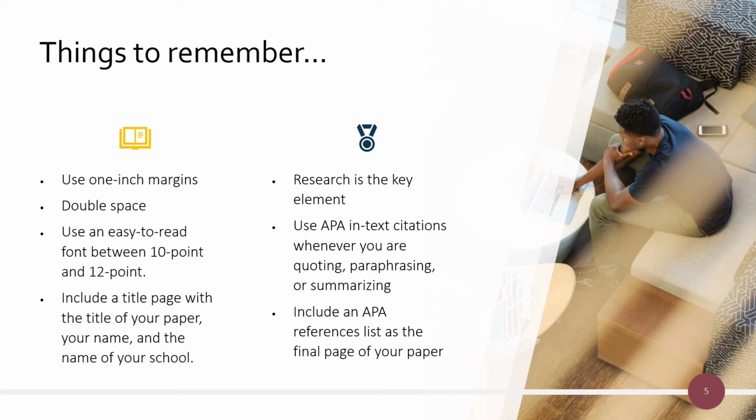And remember, research is the key element here. Remember to substantiate your claims using your sources. This is not a first-person narrative. This is not a paper in which you are the expert, because until you've published anything, you're really not considered an expert in whatever field it is. You cannot simply write from experience.